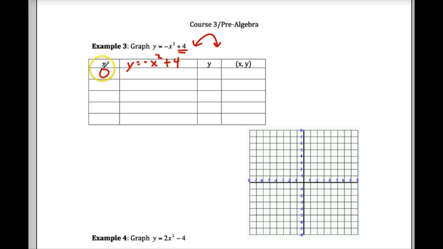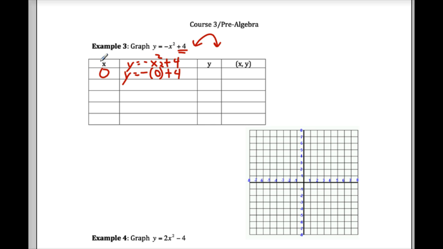We're going to try 0 first. Y equals negative, start some parentheses, put your x value in there, in this case 0, square it, and add 4 to it. Use parentheses. Angie, how much is that?